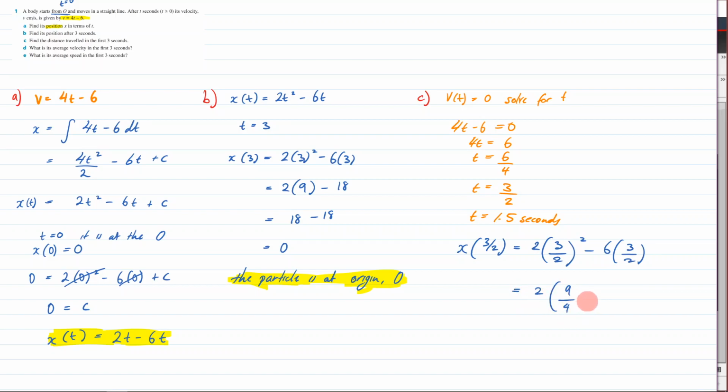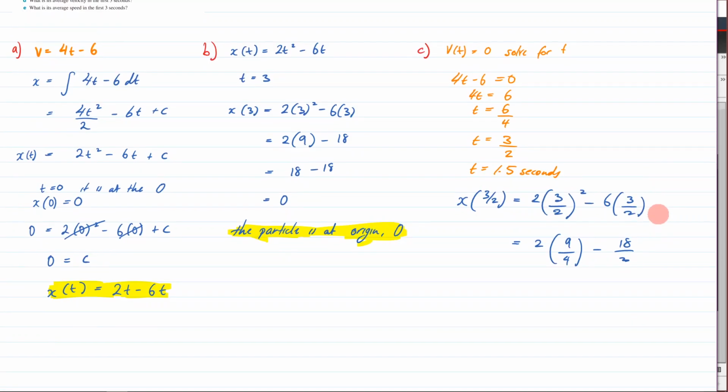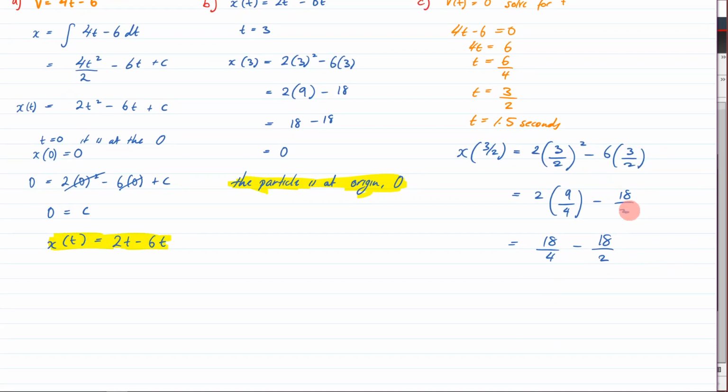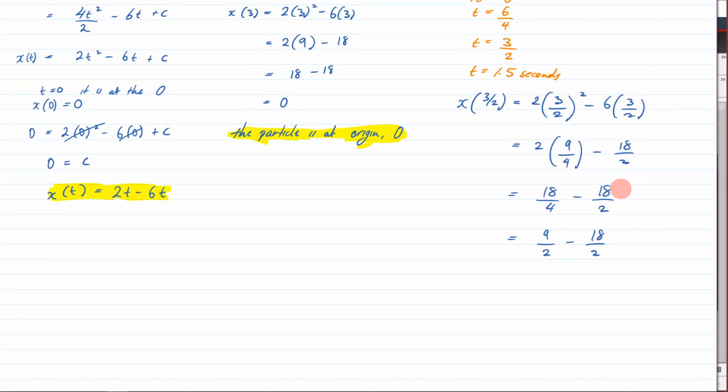That equals 2 times 9 on 4 minus 18 on 2, which is going to be 18 on 4 minus 18 on 2. I can halve both of these. This will be 9 on 2 minus 18 on 2, which means I'm going to be left with negative 9 on 2. I wish I used my CAS.